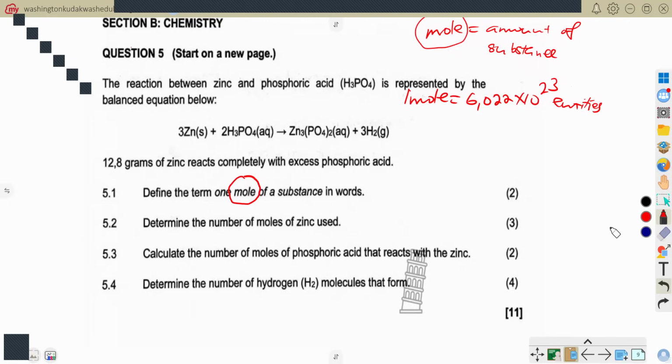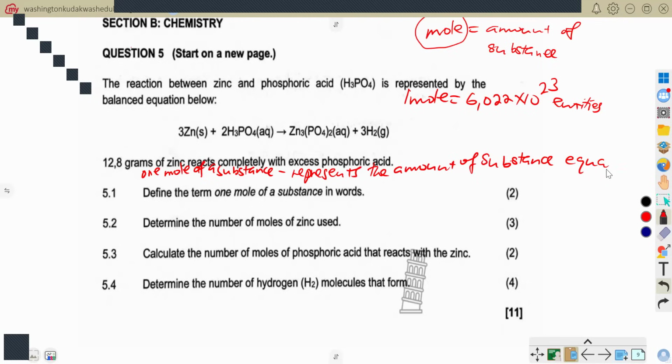So you would say that 1 mole of a substance represents the amount of substance equal to 6.022 times 10 to the power 23 entities of the substance.